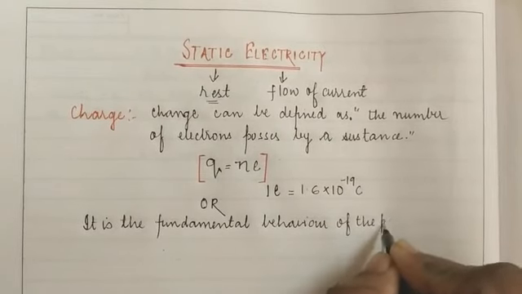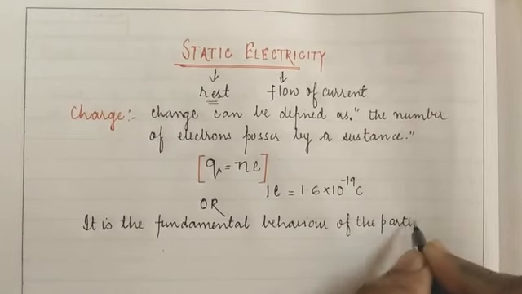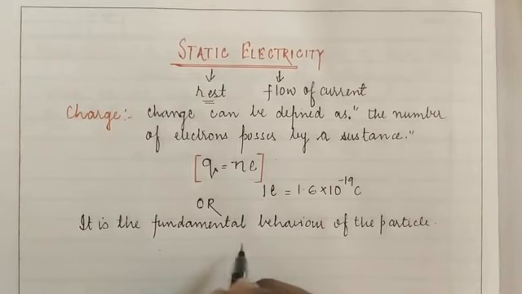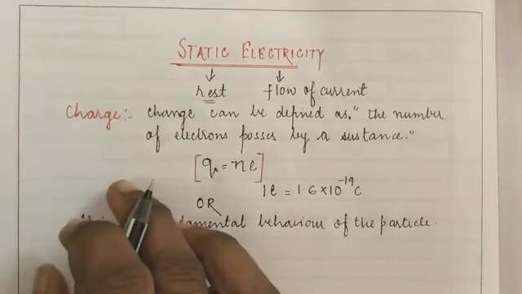How many electrons are possessed by a particle is the fundamental behavior of the particle, and that is known as charge.